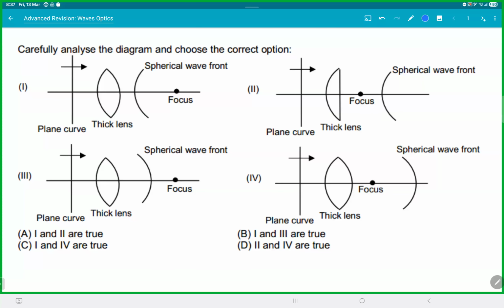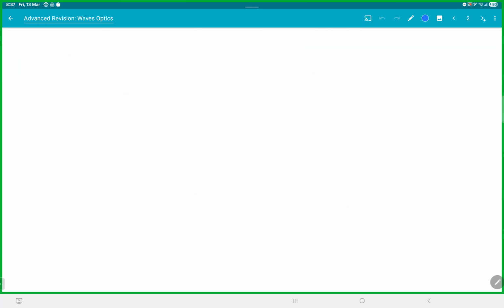Yeah, this thing. So what is the idea here? In a wavefront, whenever you define a wavefront, it is simply the locus of all the points which are in phase. So that is the definition of a wavefront.